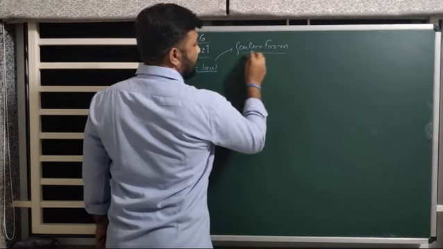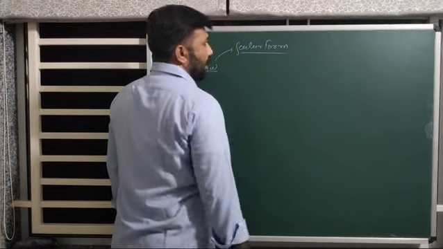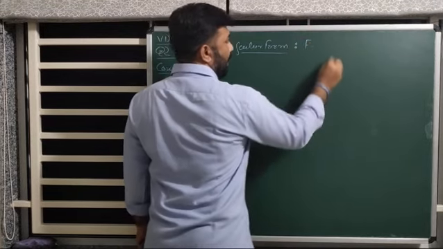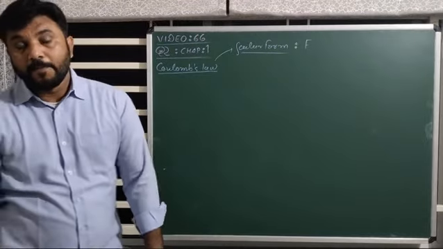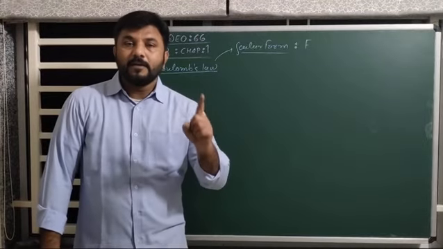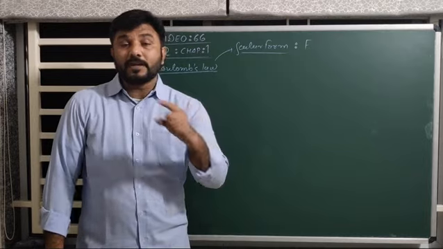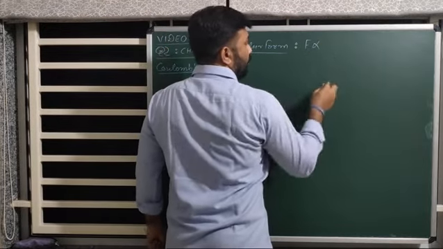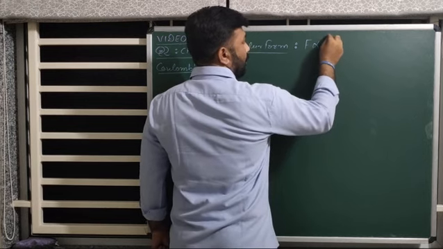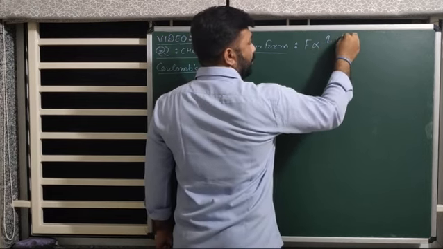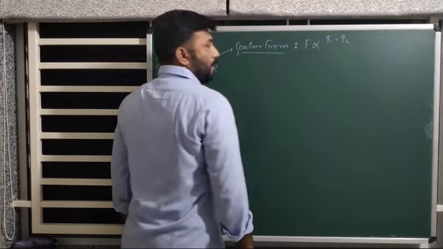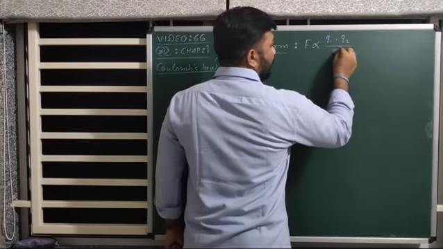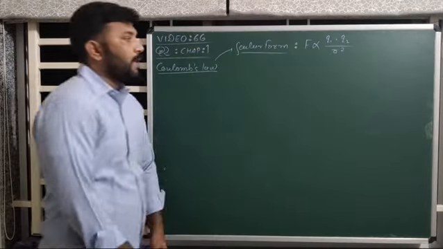What was there in a scalar form? So it was very easy. The force acting between any two charges is directly proportional to the product of their charges Q1, Q2 and inversely proportional to the square of the distance between them.